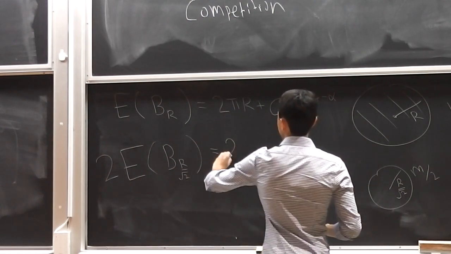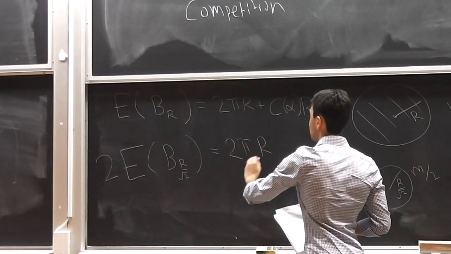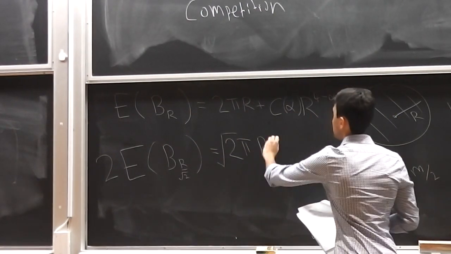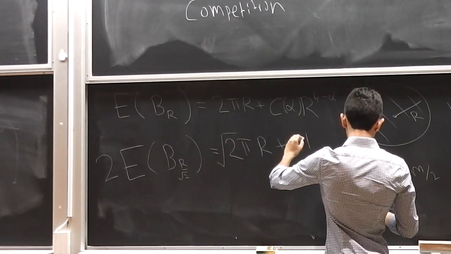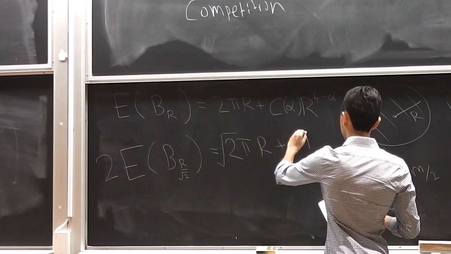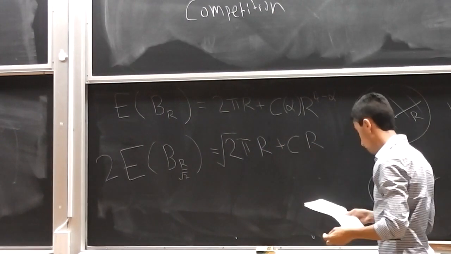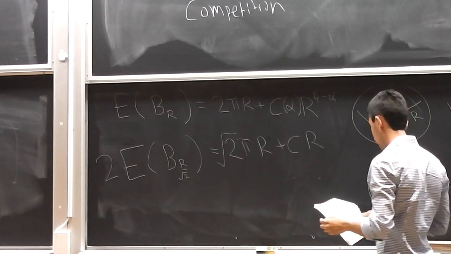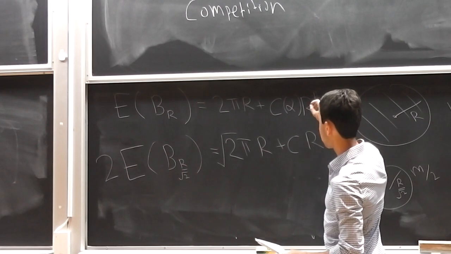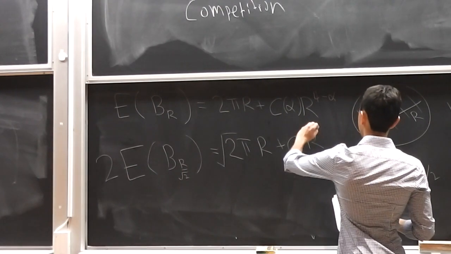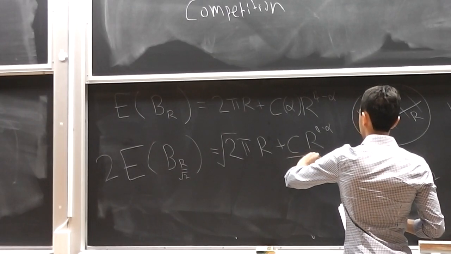That equals 2 pi times r over the square root of 2, plus some constant times, and I'll just absorb the 2, so you get r to the 4 minus alpha over 2 to the 2 minus alpha over 2.